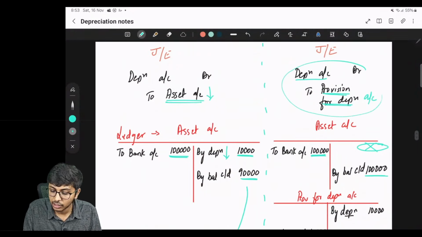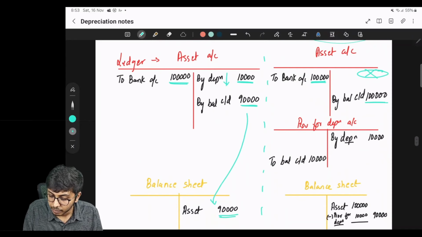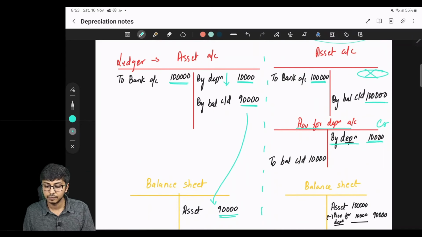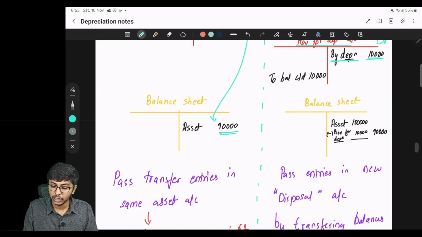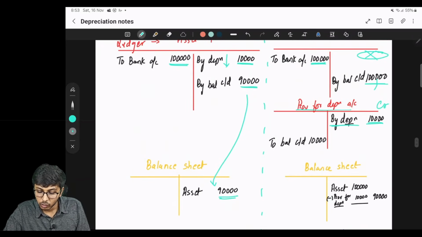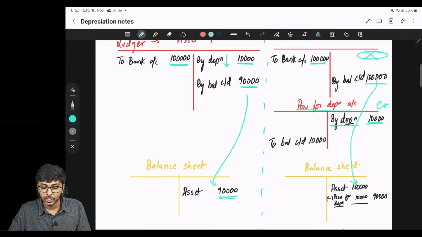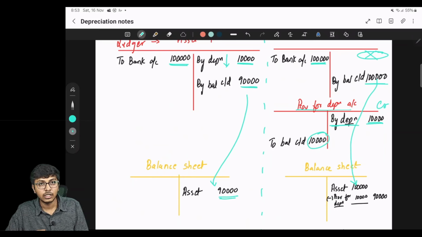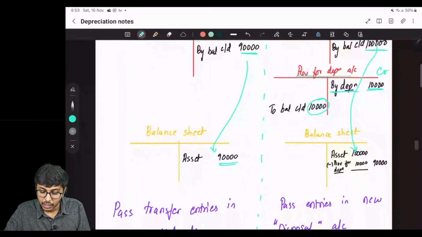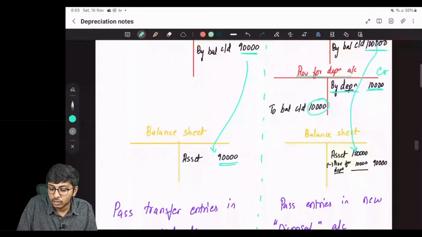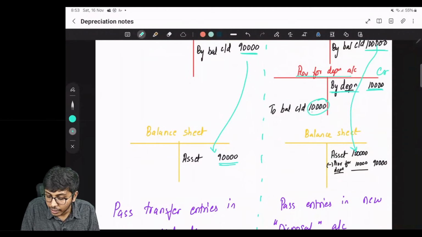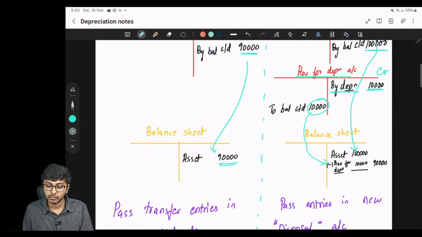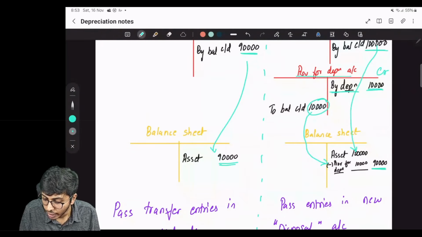When I pass this journal entry, my provision for depreciation account will be credited on the credit side 10,000 rupees. Correct? So if you see here, in the balance sheet, 1 lakh rupees will come to asset, and whatever this 10,000 balance carried down is there, that will not go to the credit side, that will not go to the liability side. Instead, it will be reduced from the asset, and my balance will show at 90,000.